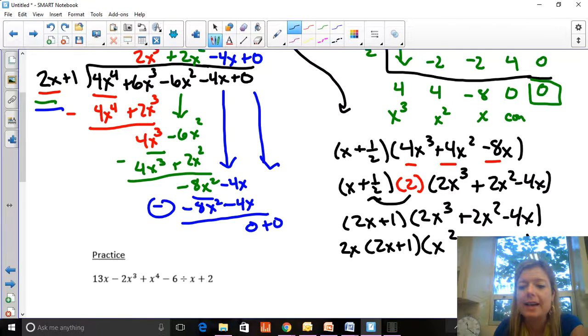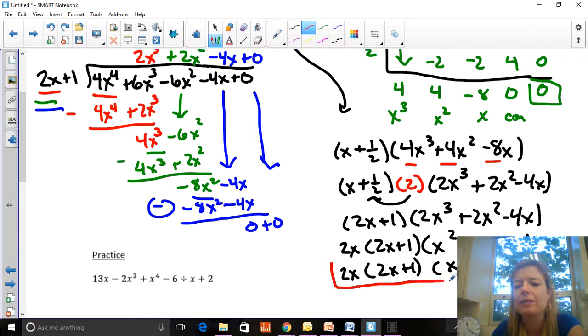Okay, and then this actually is just a simple trinomial, and that factors to x plus 2 and x minus 1. So here you have a beautiful factored form, which means you can graph it and do all kinds of things with it, find the zeros of our quartic, this long quartic.